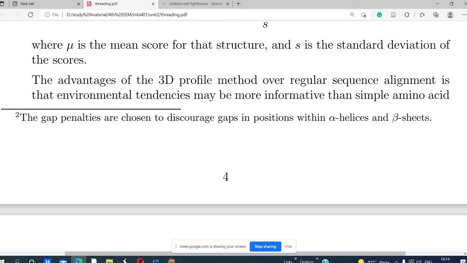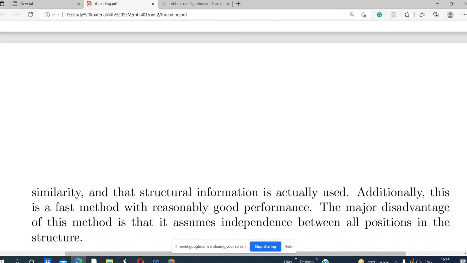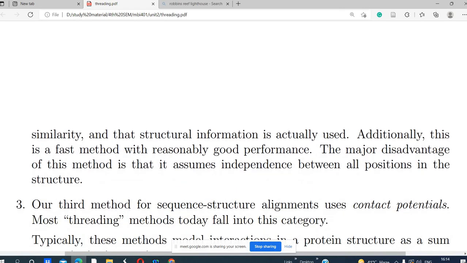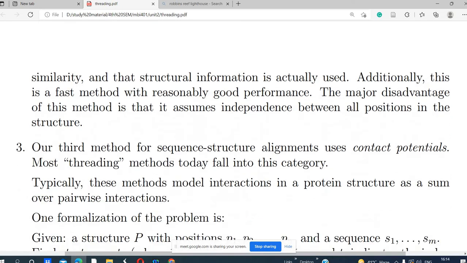So on the basis of the amino acid property, we are aligning one sequence with the property of the other sequence. So here the properties are aligned with the properties. Structure information is accurate. So this method is a fast method with reasonably good performance.